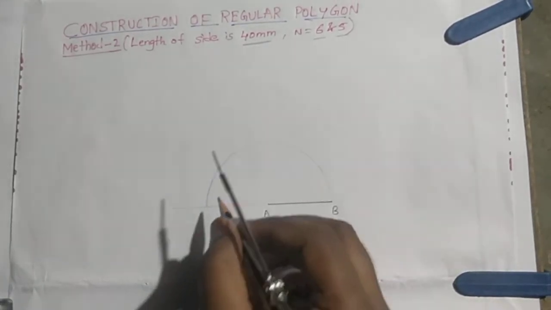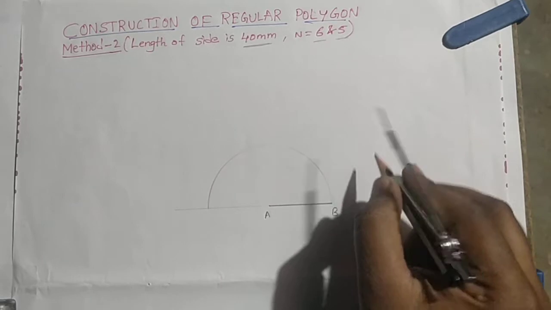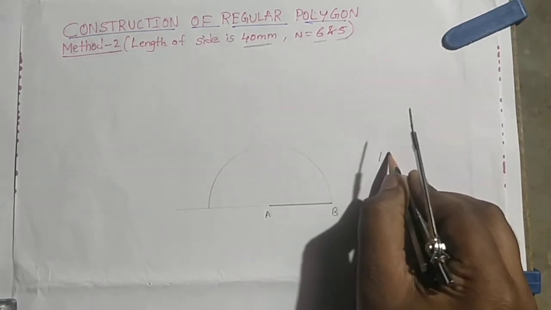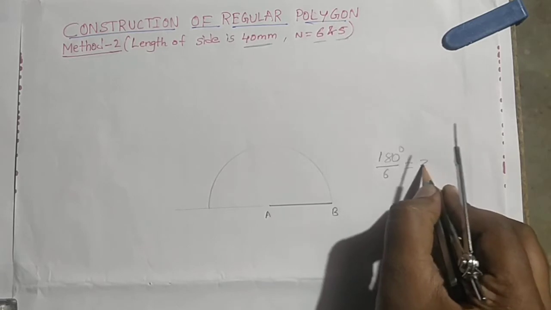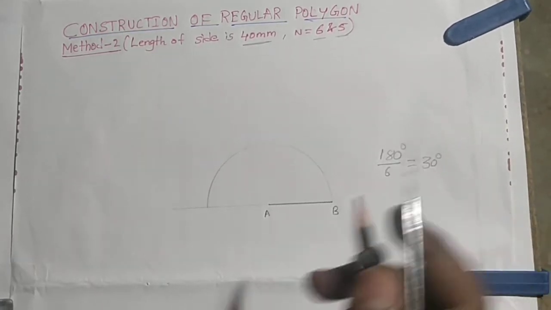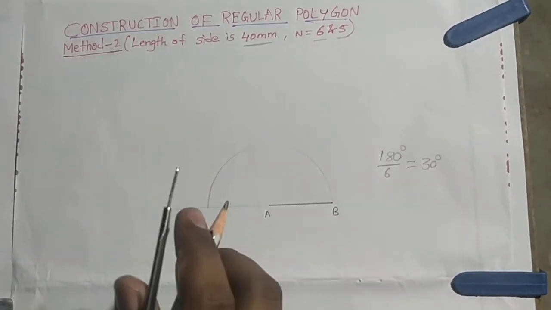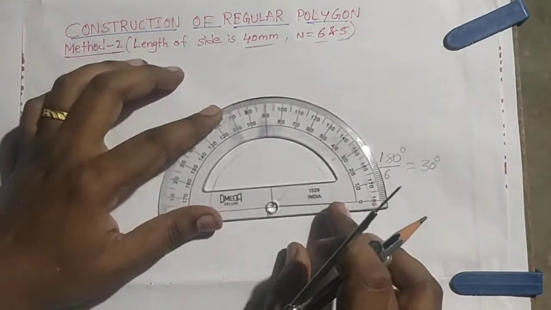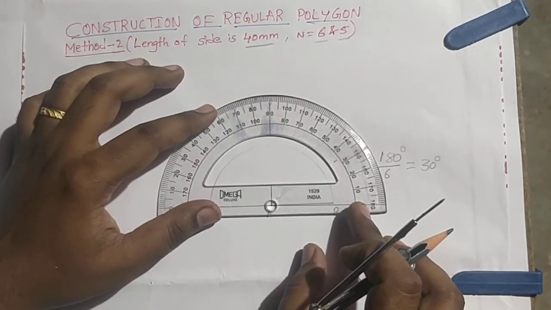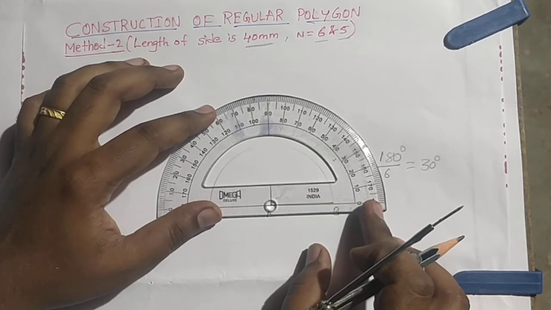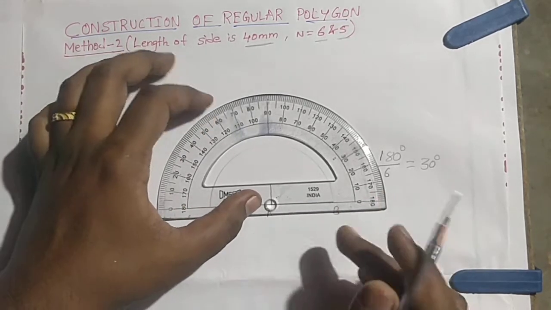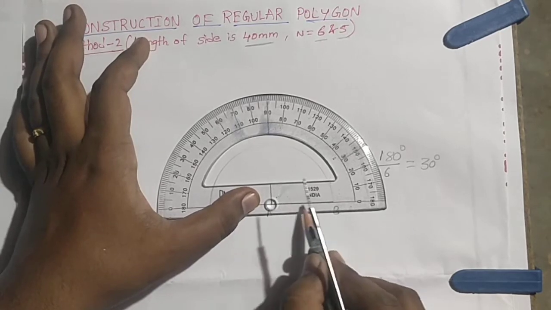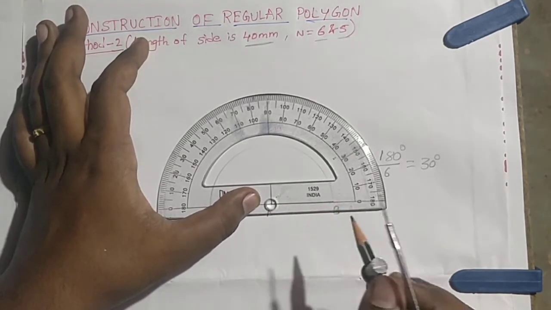Next, divide this semicircle into 6 equal parts, that is 180 divided by 6, which equals 30 degrees. By using a protractor, divide this semicircle. With A as center, coincide the horizontal line with the base line of the semicircle.